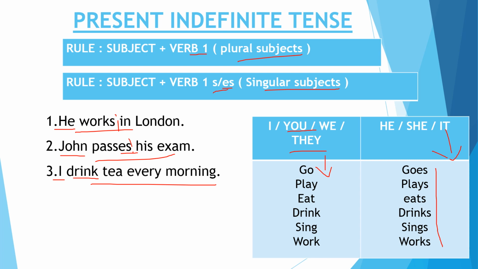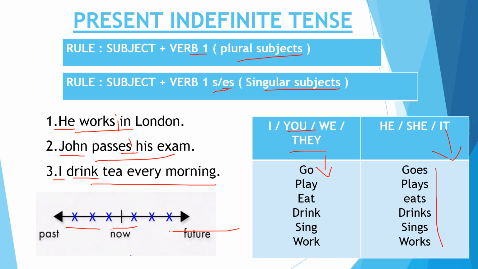As we know, the present indefinite tense talks about an action that is generally true or habitual, and it took place in the past and continues to take place in the present and will take place in the future. If we talk about the first example here, he works in London.